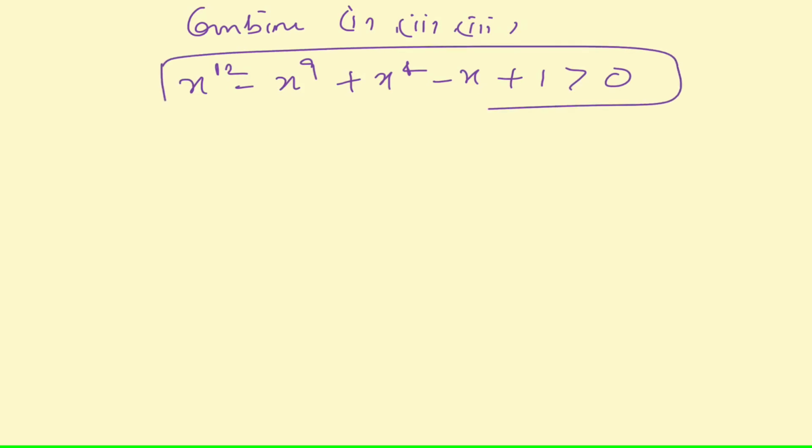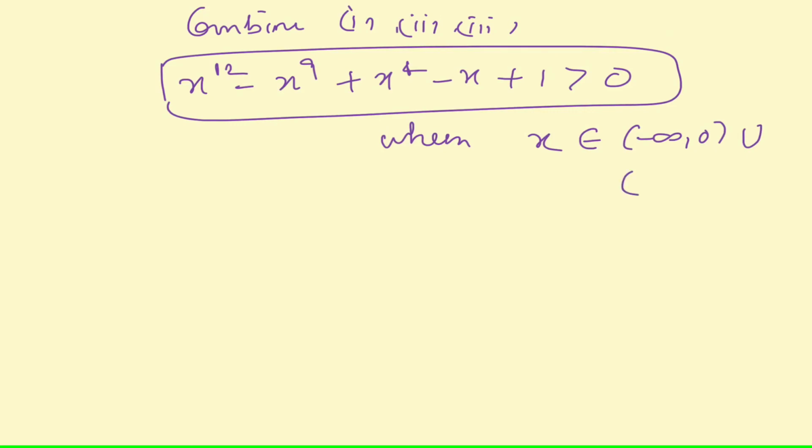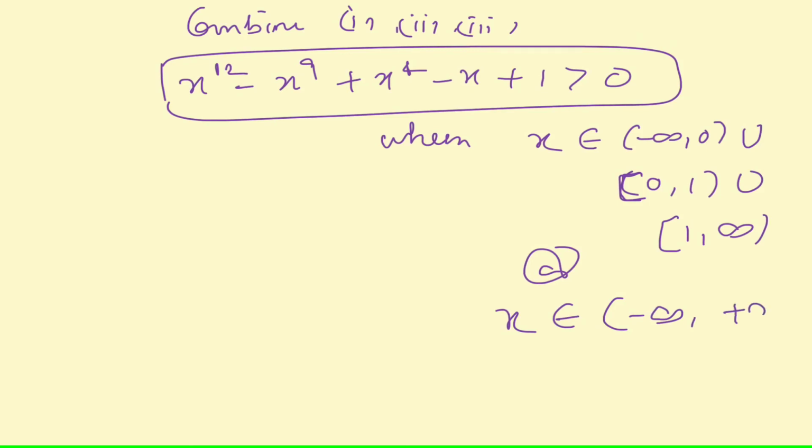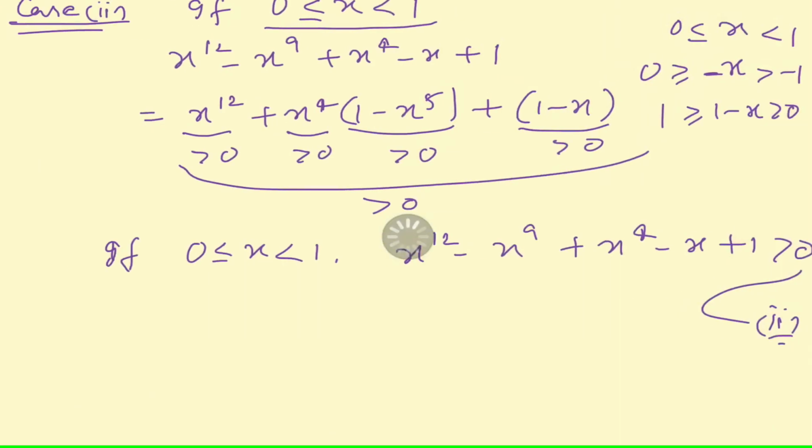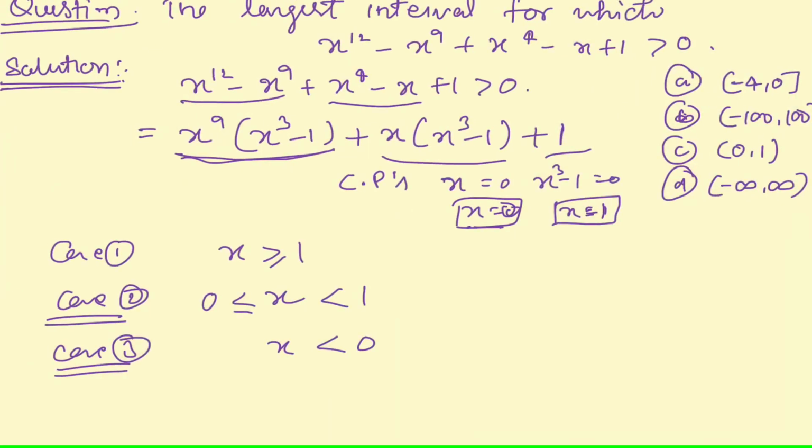Combining, x to the power 12 minus x to the power 9 plus x to the power 4 minus x plus 1 is greater than 0 when x belongs to minus infinity to 0, union closed interval 0 to 1, union closed interval 1 to infinity, or we can say that x belongs to minus infinity to plus infinity. So this will be your answer. So our answer is option D.